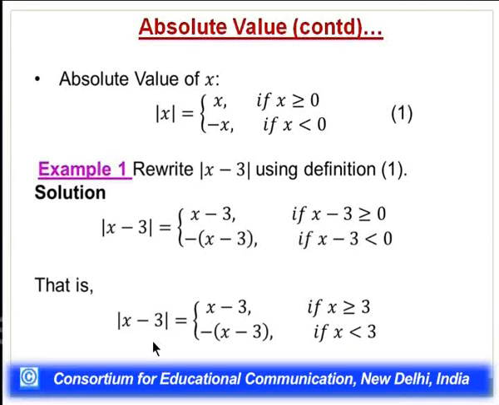So if we simplify the expression, the absolute value of x minus 3 is equal to x minus 3 if x is greater than or equal to 3, and it is equal to minus of x minus 3, or 3 minus x, if the number x is less than 3.